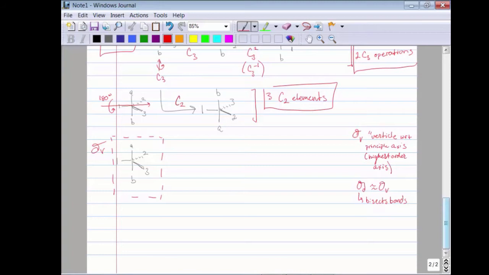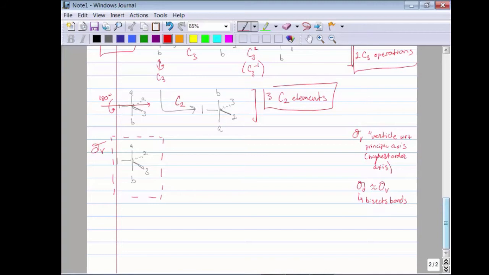So like this mirror plane in particular, it's coplanar with bond number 1, and it's bisecting 2 and 3. Because it's coplanar with 1, you call it a V. But if this were a different molecule and 1 wasn't there, it would be only bisecting an angle, then it would be a D. So D means dihedral. So if it was like 4? Yeah, if it's an octahedron, yes, that would be a sigma D.